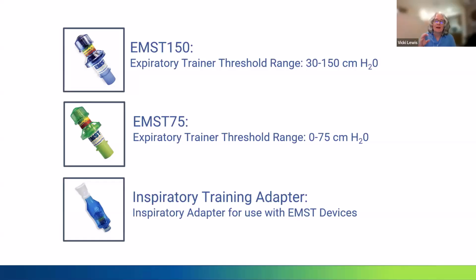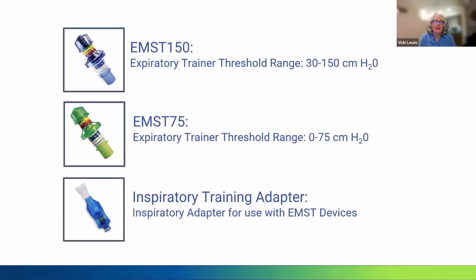Although the 150 device goes up to 150, it doesn't have a true zero starting point. It starts at 30 centimeters of water. So if you have a patient who's very debilitated, maybe just a very debilitated outpatient or someone in acute care, there's a good chance they're not going to be able to generate enough force to open this valve.